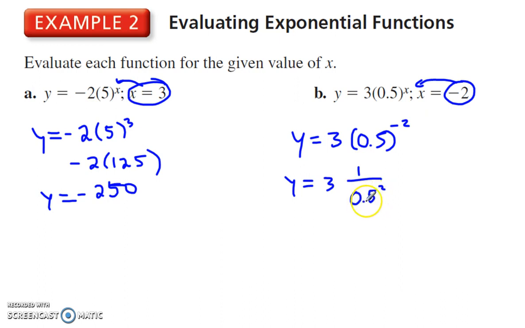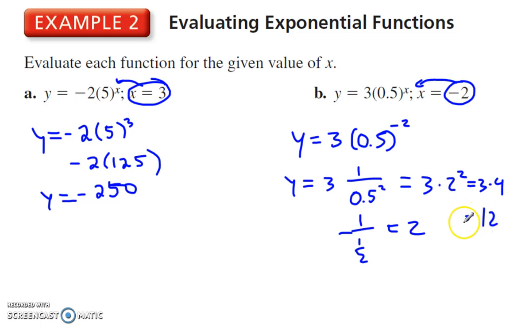Now, 0.5 is also 1/2, so 1 over 1/2, we can flip that, that is 2. So it's 3 times 2 squared, which is 3 times 4, and that is 12.